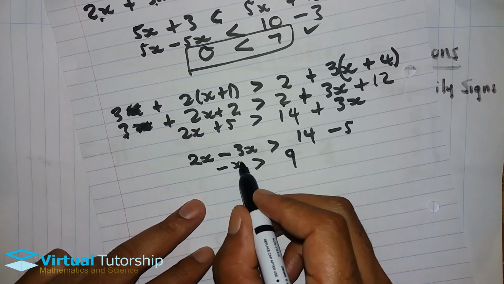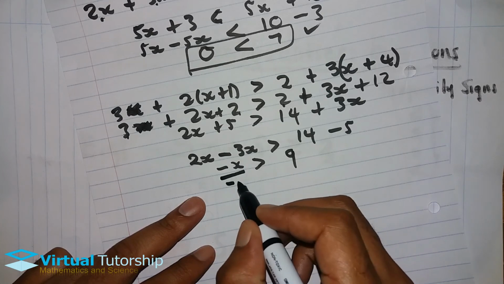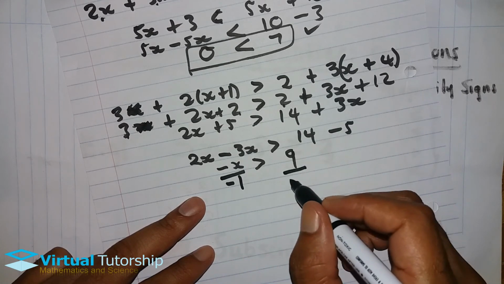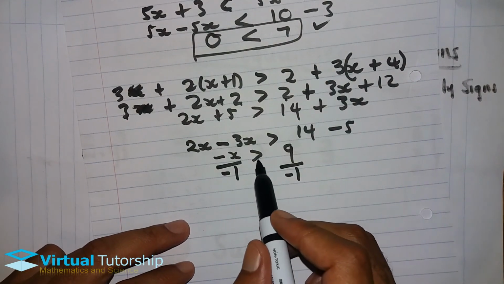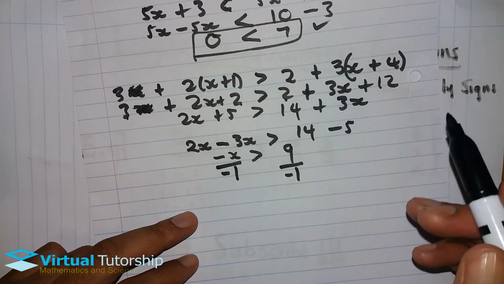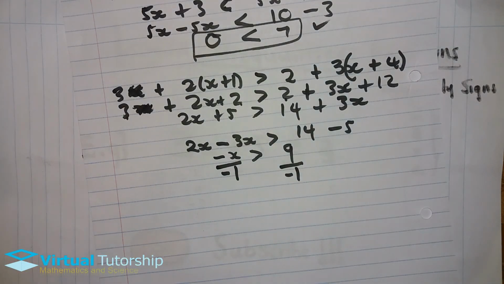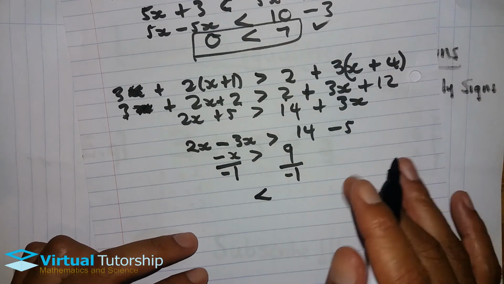And then okay, so I solve for x, not the minus x. So I will divide both sides by what? By minus 1. So I will divide by minus 1 on both sides. Remember, if you divide by a negative sign or multiply by a negative sign, the direction of the inequality sign changes the direction.